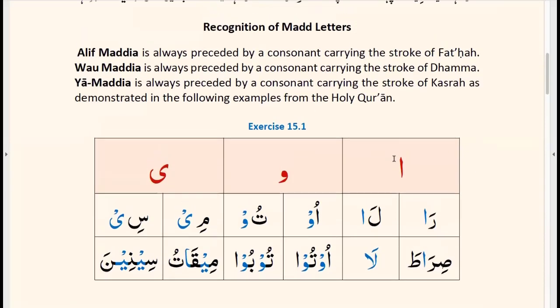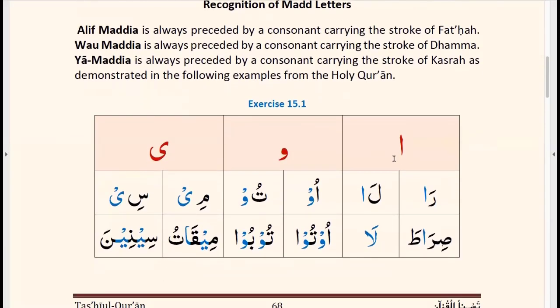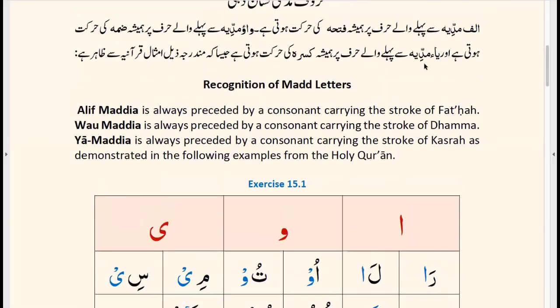With alif, if there is a letter before the alif which carries a fatha, we will make that letter longer for 2 seconds, like ra here. Similarly there are rules for waw and ya to prolong them, and you will inshallah be learning them soon.